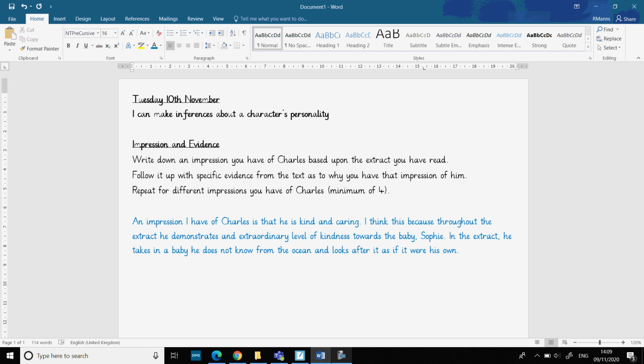Which, to be fair, I think most people would do. If you found a baby in the ocean, you would try and look after it. He also gives the baby a name, so he names the baby, which is a kind thing to do. And at one point he says he will replace all of the expensive furniture, or at least some of it, with softer, safer furniture.